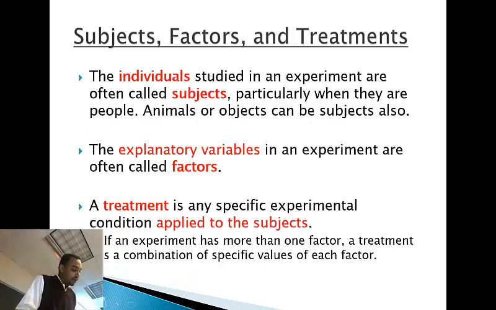When you're studying folks, they're called subjects. It could be animals, it could be objects, whatever. When you're looking at explanatory variables, they're called factors now.